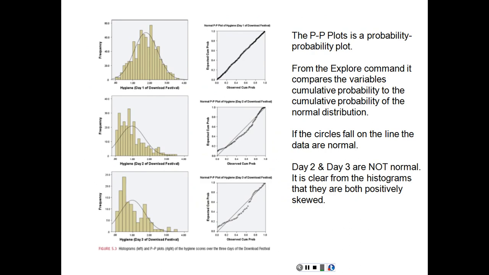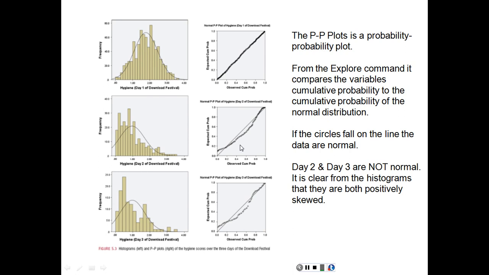So one of the ways that you can test for normality is by using a PP plot. This is called a probability plot. So basically, when you complete this PP plot, your data are plotted along this line, and how closely it falls along that linear line shows how normal your data are.